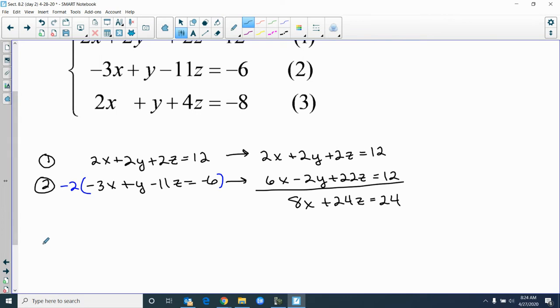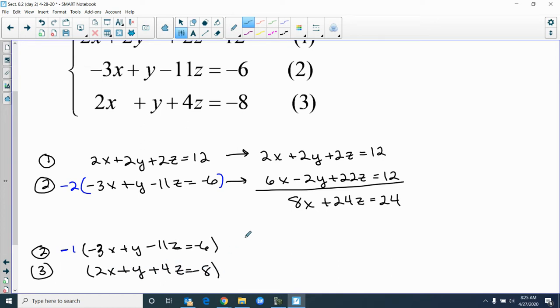All right, let's just take equation 2 and equation 3. Let's multiply equation 2 by negative 1 so that we get a negative y. Negative 3x plus y minus 11z equals negative 6, and then 2x plus y plus 4z equals negative 8.